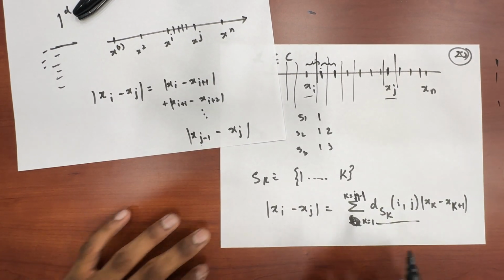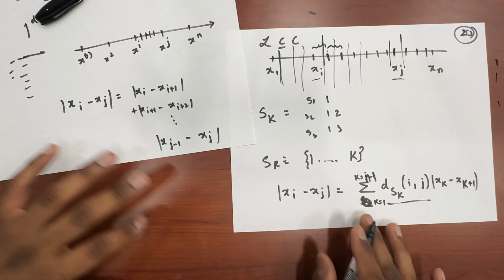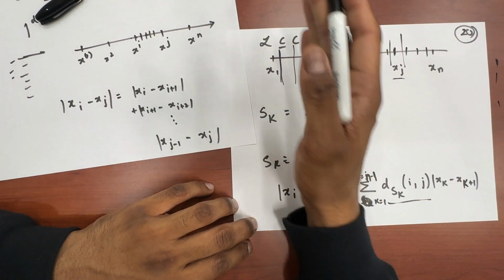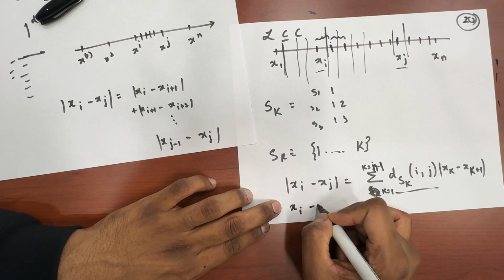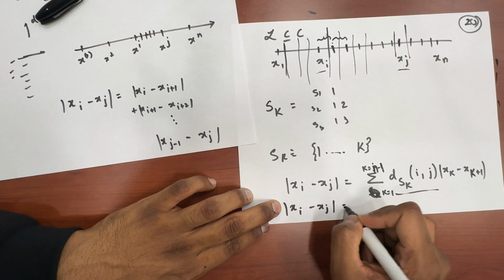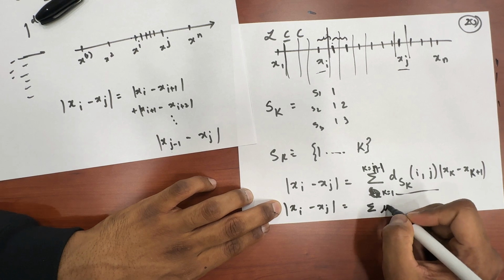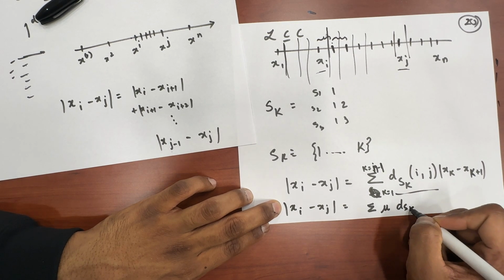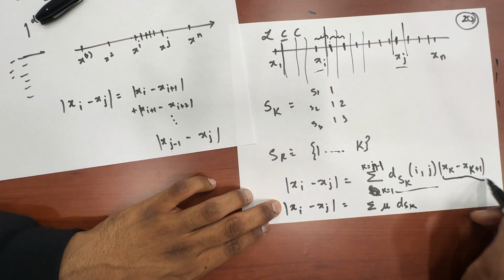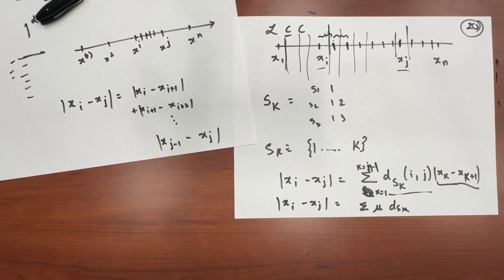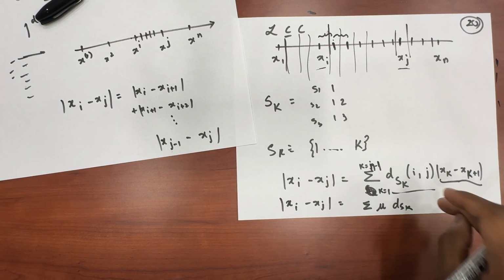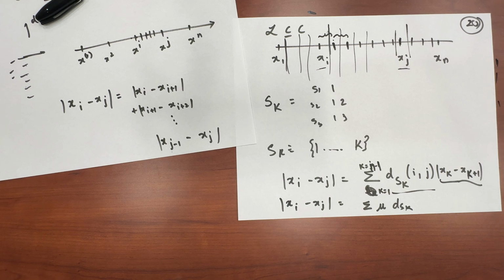So what I'm trying to say now is xi minus xj in this L1 is a weighted combination of cut metrics, and this weight is precisely the interval length. We did the same thing before in the Cheeger analysis.